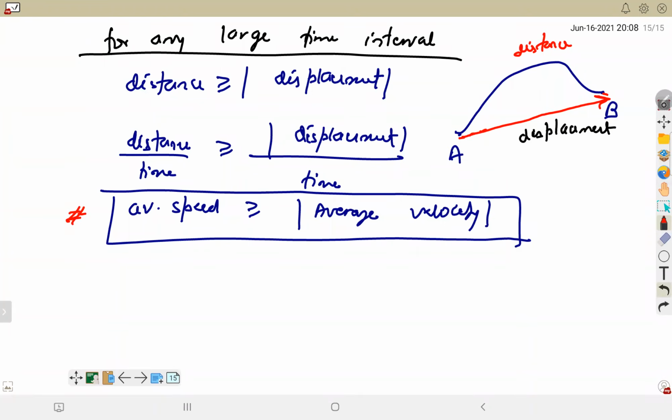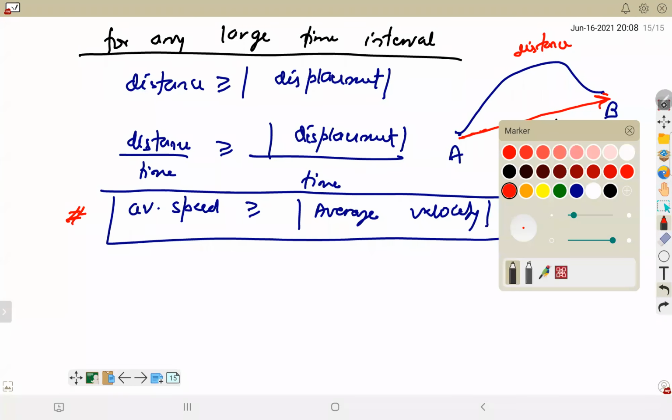For any large time interval, the distance is greater than displacement, and therefore average speed is greater than average velocity.